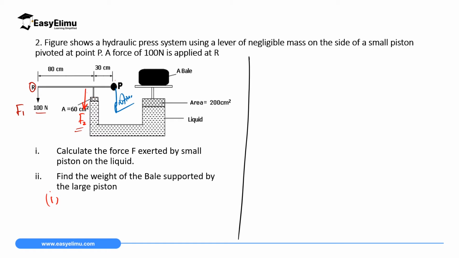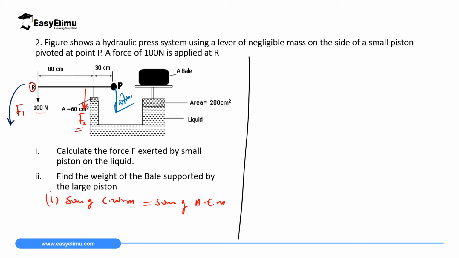Then in this case, a sum of clockwise moments is equal to the sum of anti-clockwise moments. Now in this case, which force is giving us a clockwise moment? Here, F1, if you pull this F1 down, it's going to make this bar to move in this direction.